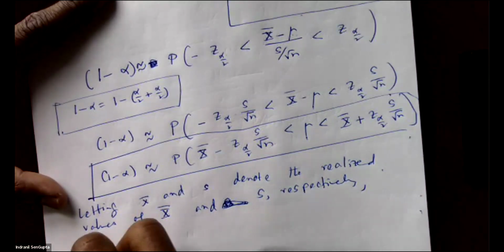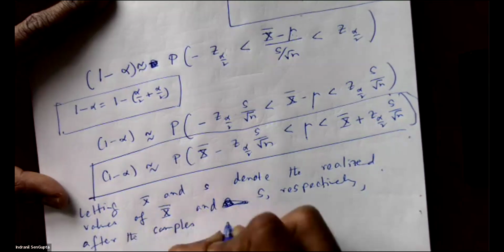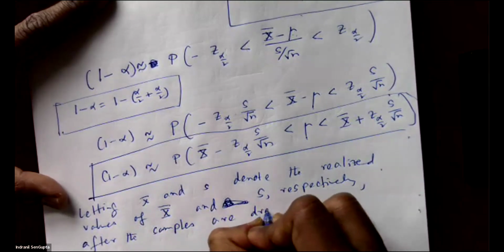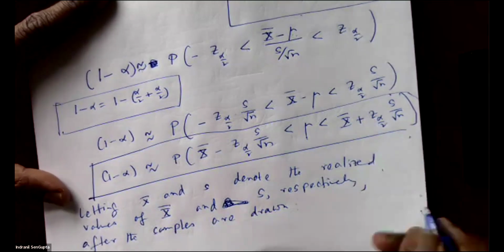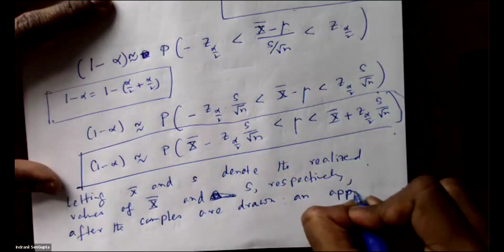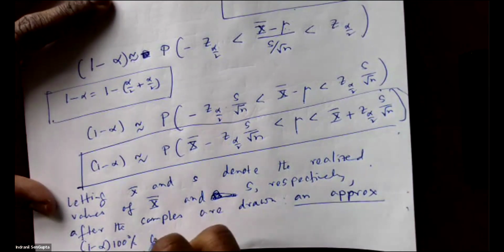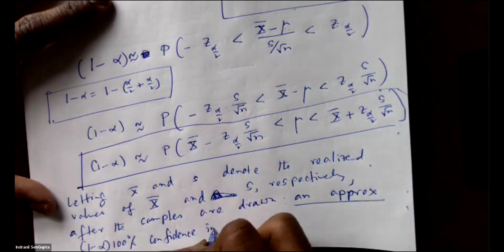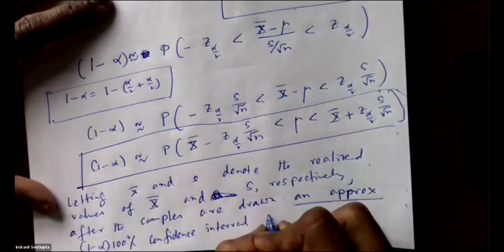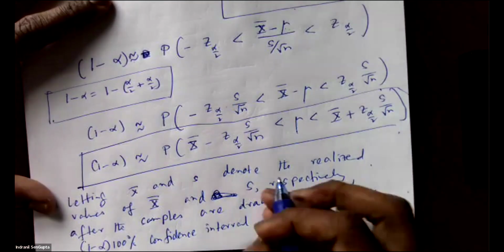After the samples are drawn, an approximate 1 minus alpha 100% confidence interval for mu is given by this interval.